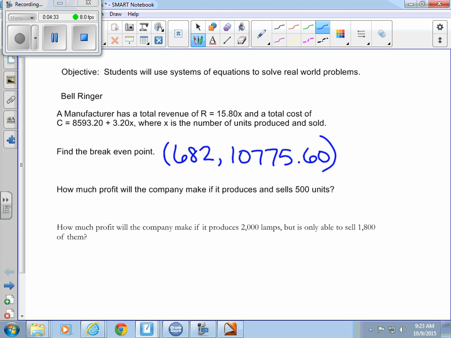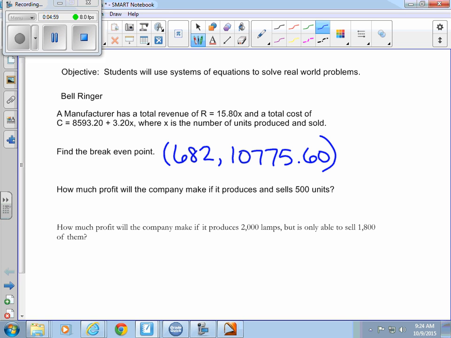Let's talk about profit. What is profit? It's how much money you actually bring in. It could be a loss, but hopefully we're making positive profit. It's the amount of money I get subtracting out the cost. If I'm running a business and I'm making t-shirts, sometimes you'll hear businesses give you their revenue number.